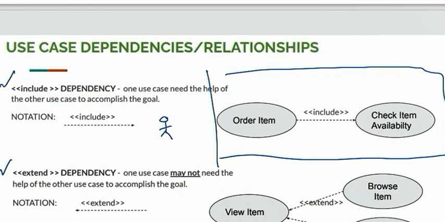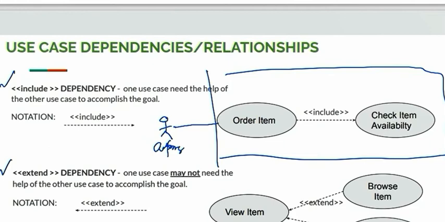For example, the buyer or the customer triggers this action, order item. In reality, before you could order an item, make sure that there is an available item in the storage or in the warehouse. Otherwise, you cannot order the item. Or the seller would tell you there is no available item, you cannot order it. Or maybe you can order it from the other store.